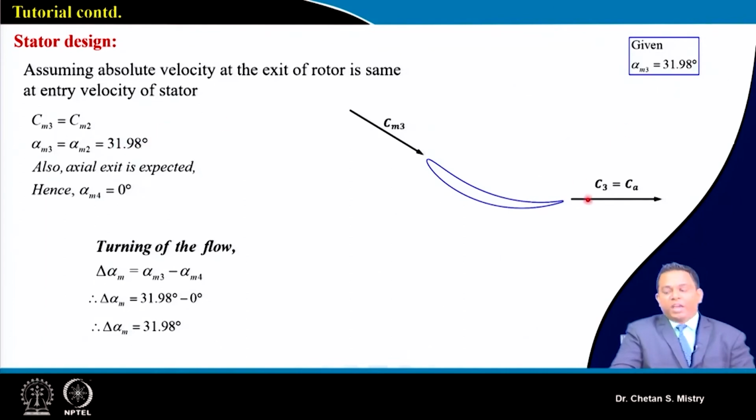At the exit we expect the flow to be axial, in line with assuming alpha 4 is equal to 0.